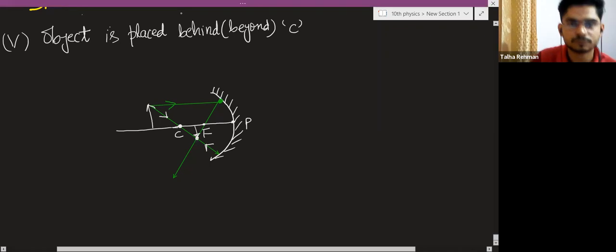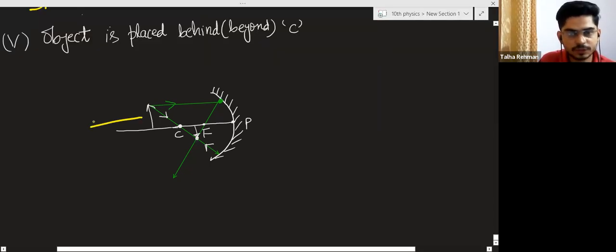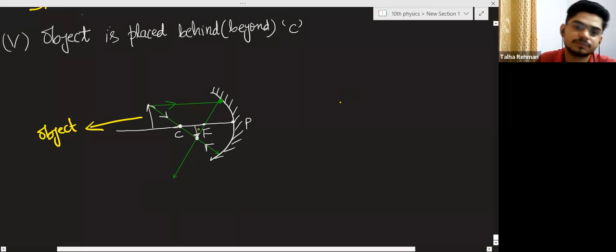Now, this was the object, and the image is this. Like you can say, this is your image.